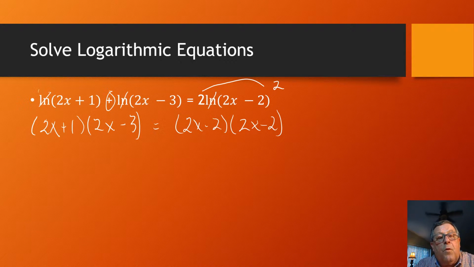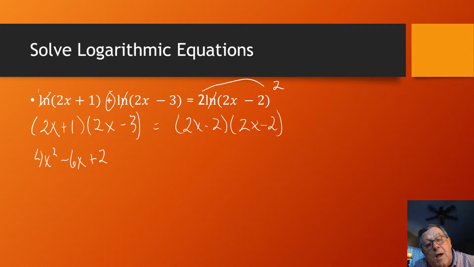And let's do some foiling here. So I got 2x times 2x, that's going to be 4x squared. 2x times negative 3 is negative 6x. 1 times 2x is positive 2x. And 1 times negative 3 is negative 3.